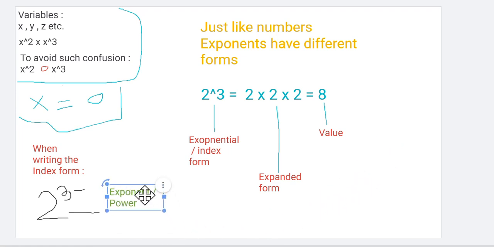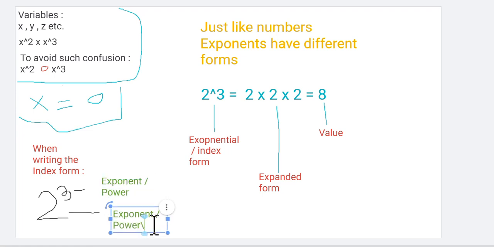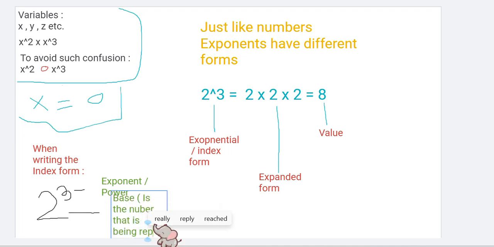Then over here, the 2 is the base. Base is the number that is being repeatedly multiplied.